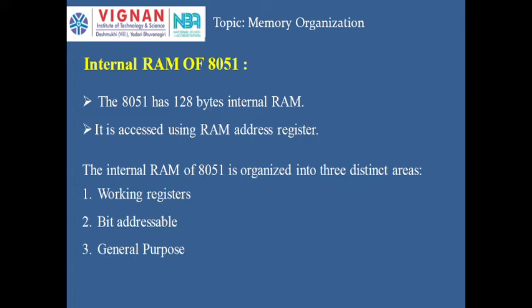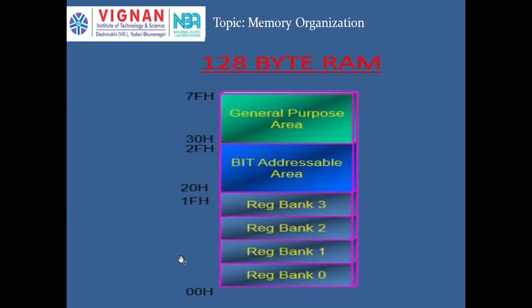The complete 128 bytes of RAM is organized into three distinct areas: working registers, bit addressable registers, and general purpose registers.